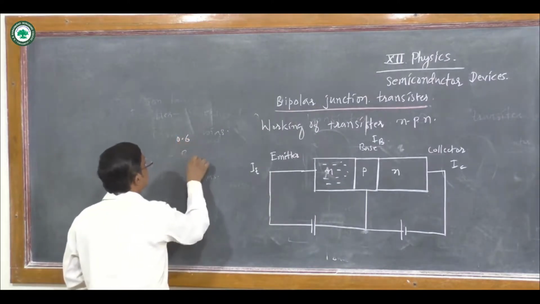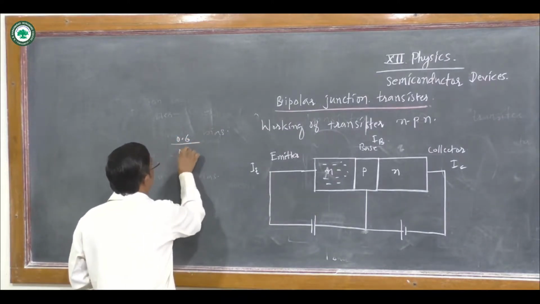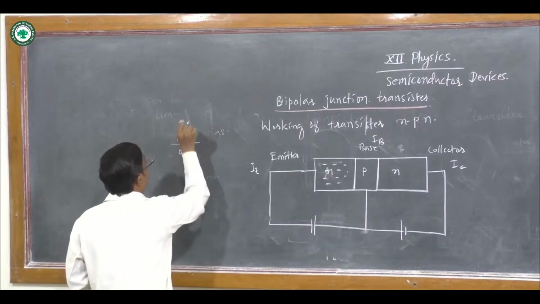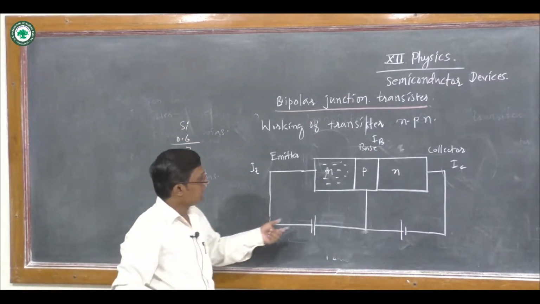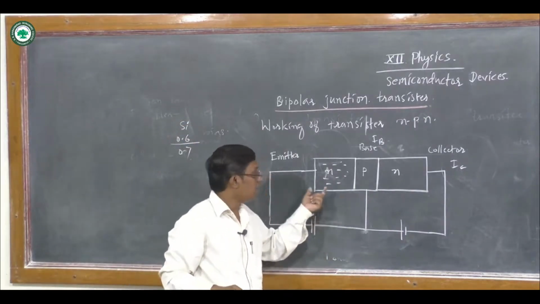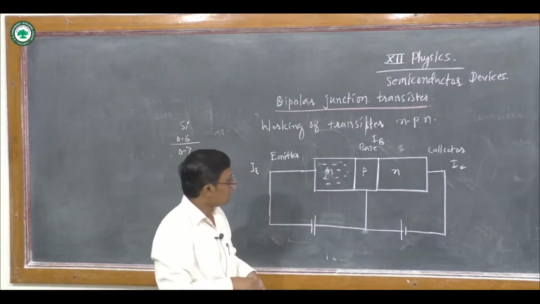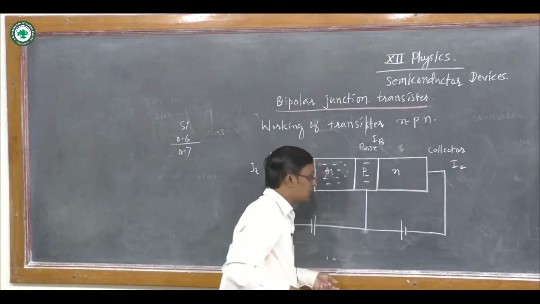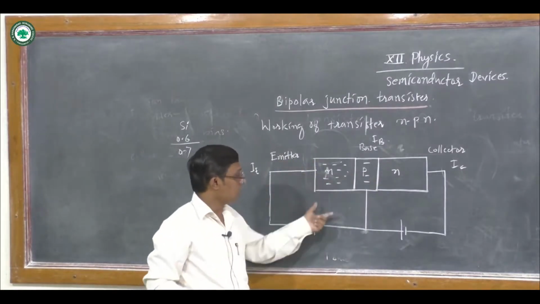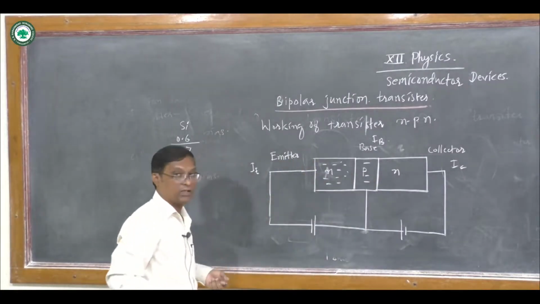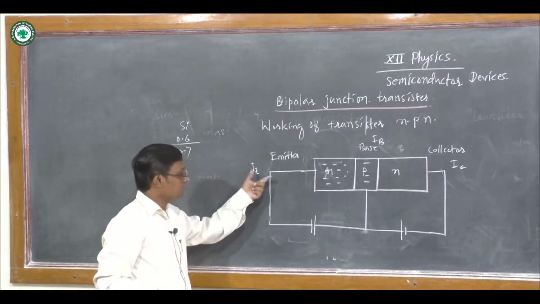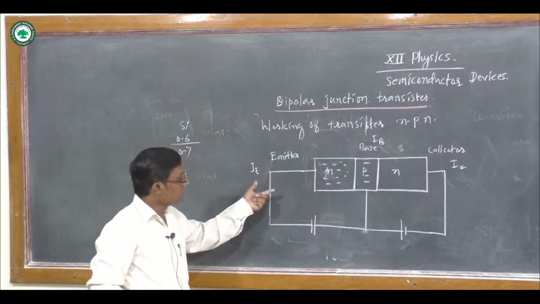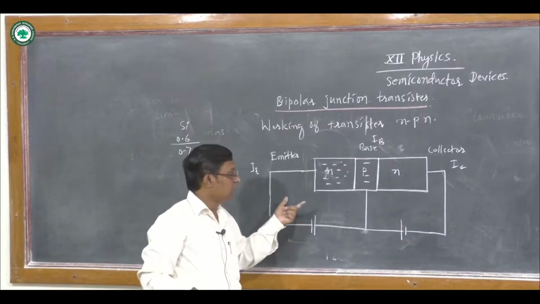Then this depletion layer breaks and the electrons move in this base region and it starts to conduct. We get the current IE through this circuit.